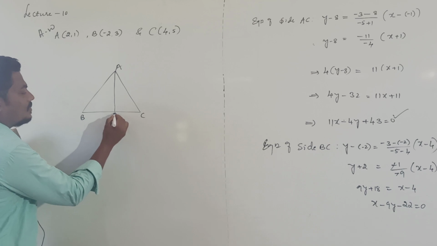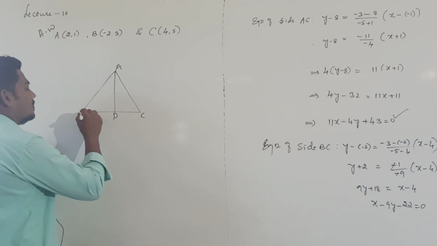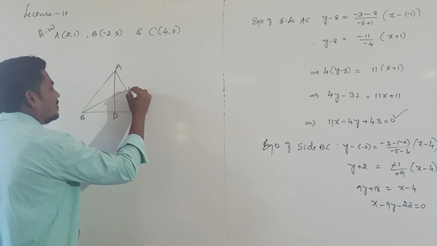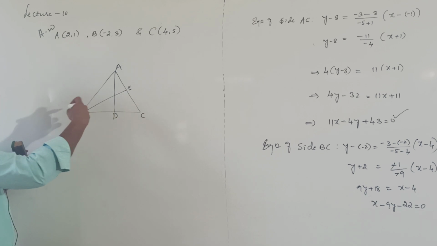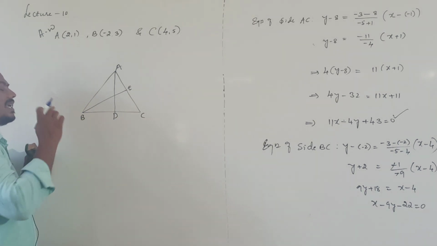AD is the median of the triangle and clearly D is the midpoint of BC. And this is E. BE is the median of the triangle ABC through vertex B.